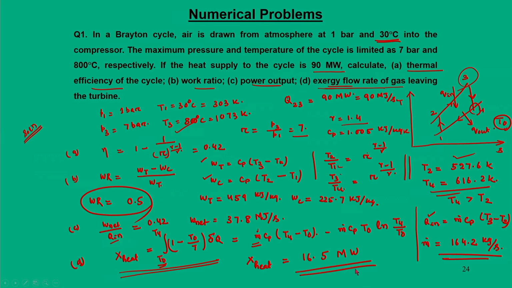So, it means that this exhaust heat has a tremendous value of energy, about 16.5, which could have been trapped, and because of this reason we say that effectiveness of a heat exchanger is realized.